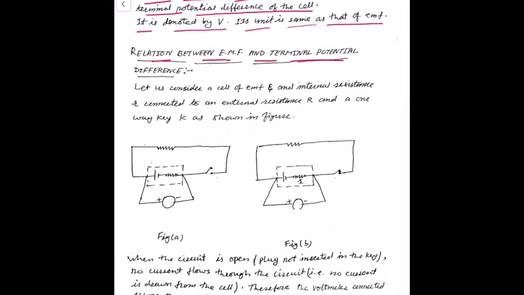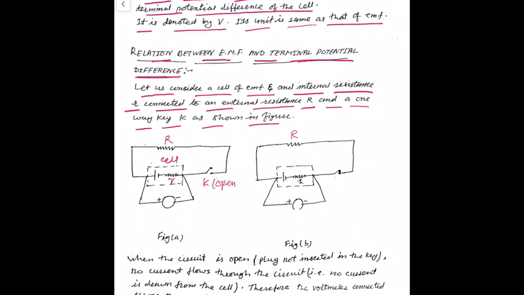Relation between EMF and terminal potential difference. Let us consider a cell of EMF E and internal resistance r connected to an external resistance R and a one-way key K as shown in the figure. Here it is resistance R. Here it is cell, internal resistance r. Key open.